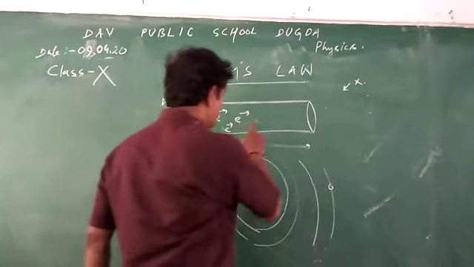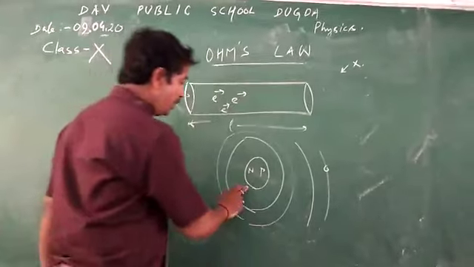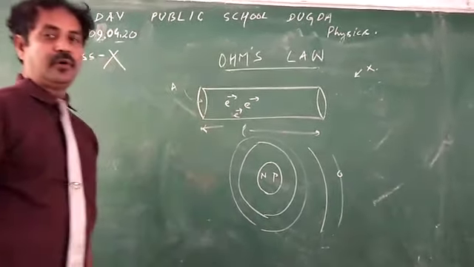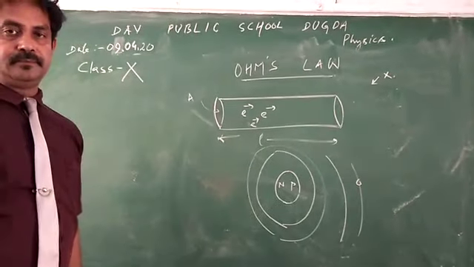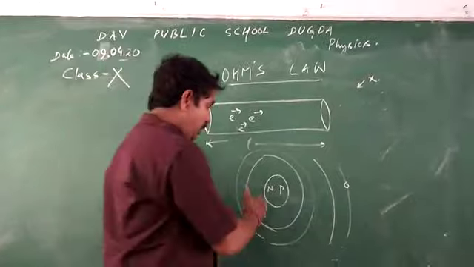When these electrons move, obviously they collide with the positive ions of the copper. Why positive ions?